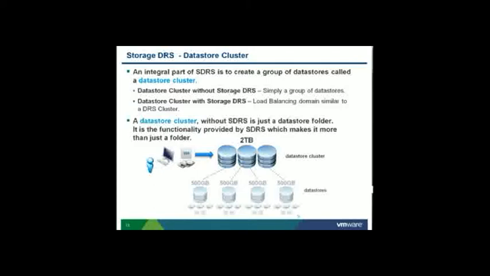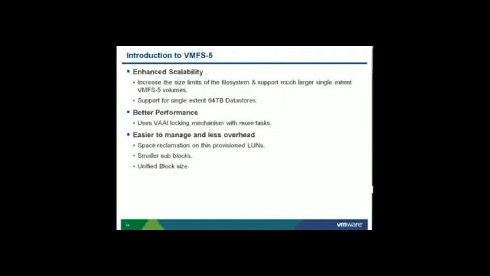Again, the data stores themselves, you're probably familiar with VMFS, or the VMware File System. Certainly worth mentioning that we do have VMFS 5, which is a new iteration of this file system. Currently we're on VMFS 3. We skipped VMFS 4, so if you were on Virtual Infrastructure 3 before vSphere, we had VMFS 3.